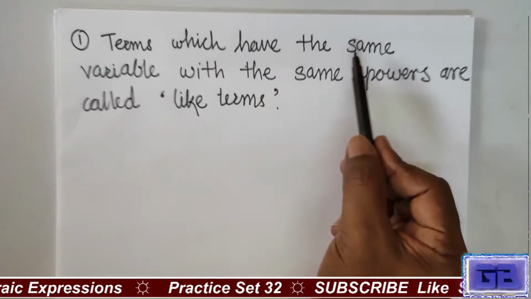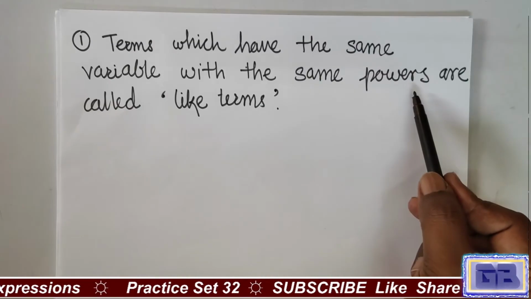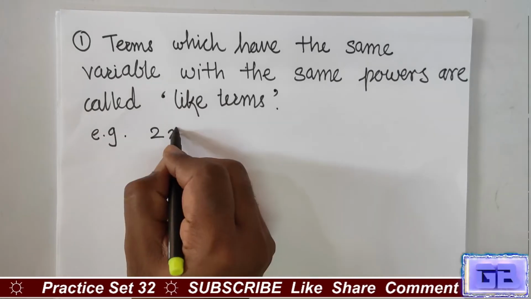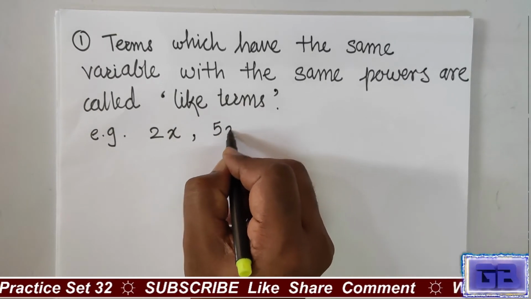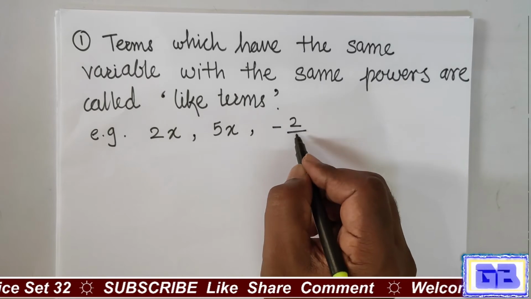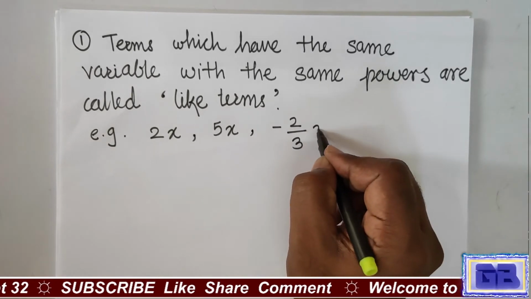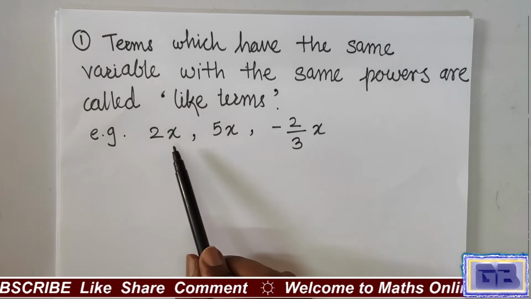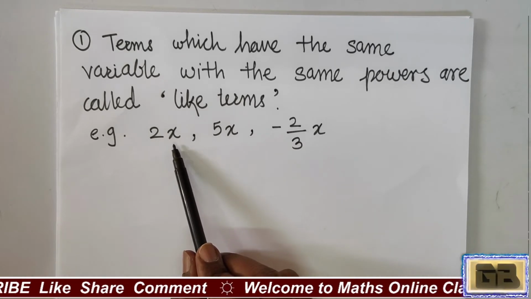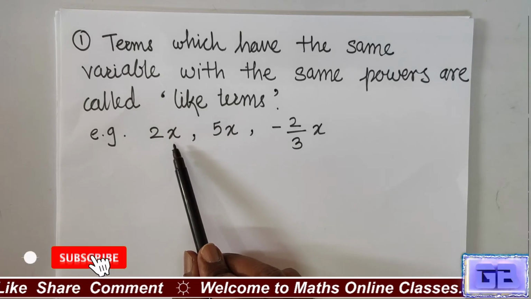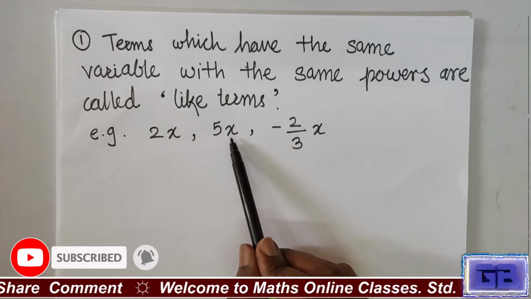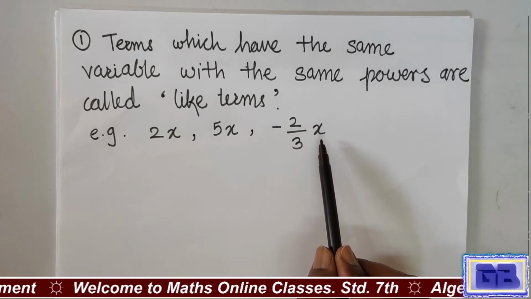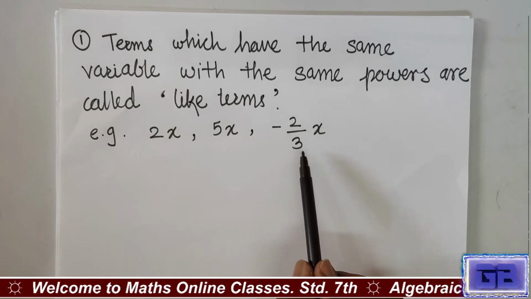For example, 2x, 5x, negative 2 upon 3x. If you observe these examples, each term has the letter x as a variable. Here is x, here is x, here is also x. Therefore, we can say these terms are like terms.